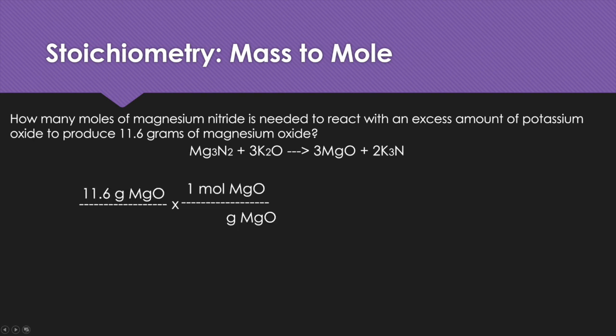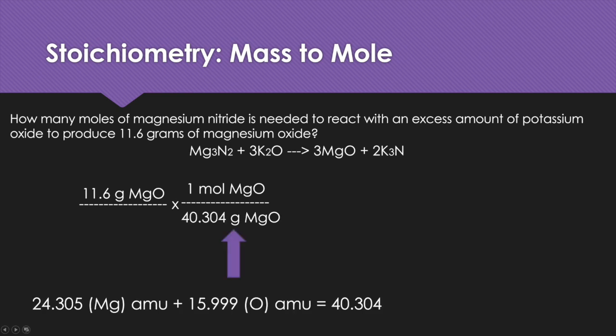Now in our question, we see that it asks how many moles of magnesium nitride is needed to react, and it also gives us 11.6 grams of magnesium oxide. So we take the 11.6 grams and we put it on the top of our equation, and we make sure to draw a bar next to it. And on the bottom, we're canceling out grams of MgO.